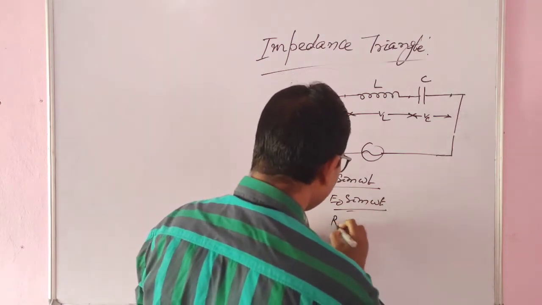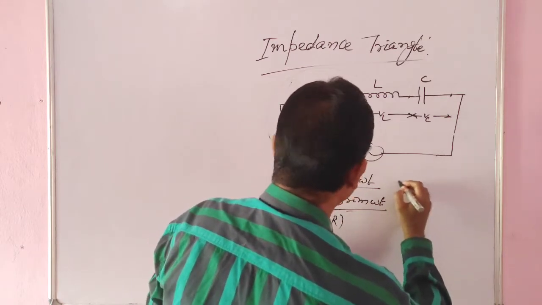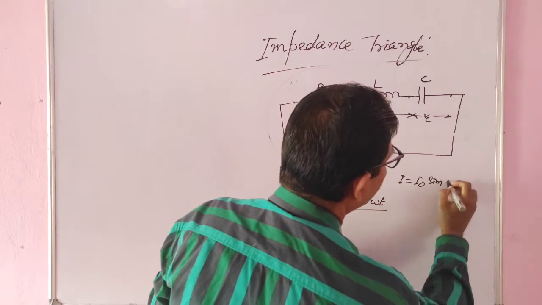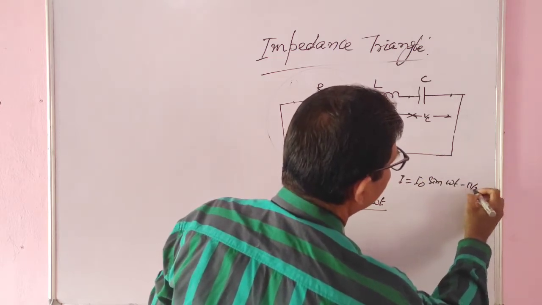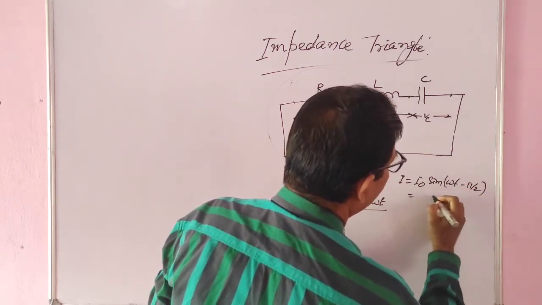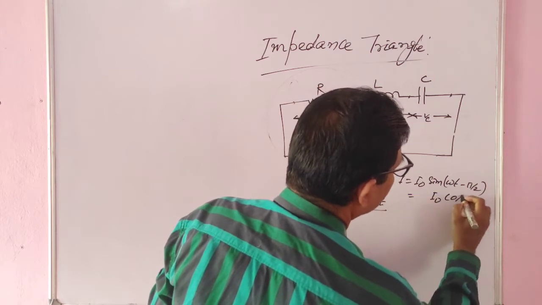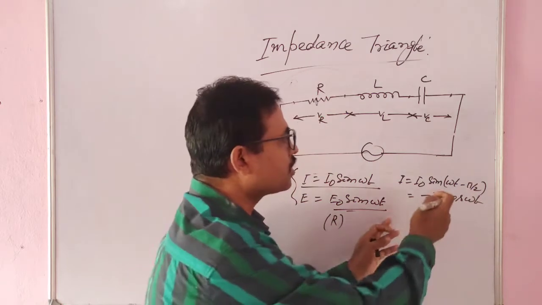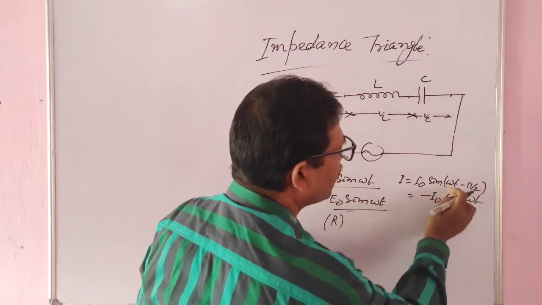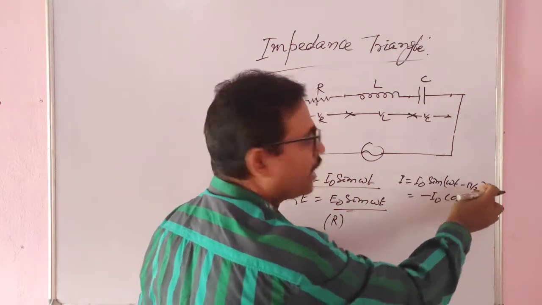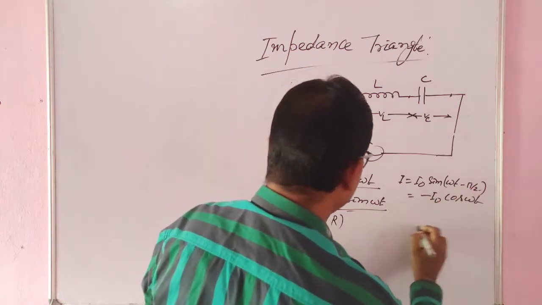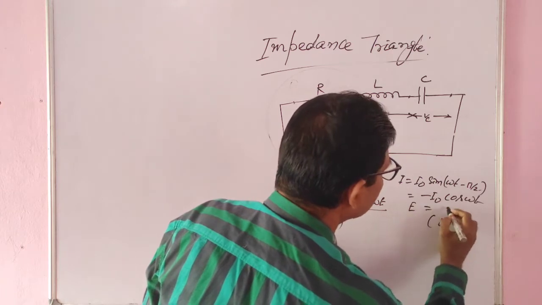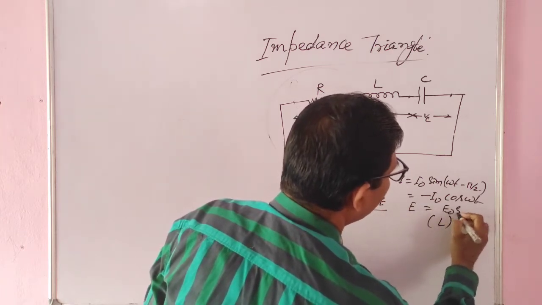But when circuit contains L, it is just I is equal to I naught sin omega t minus pi by 2. That means it is minus I naught cos omega t. Sin 90 degree minus theta, that is cos theta. So, here is theta minus 90 degree, so minus cos omega t. It is case of L, but E is equal to E naught sin omega t. What you are observing?